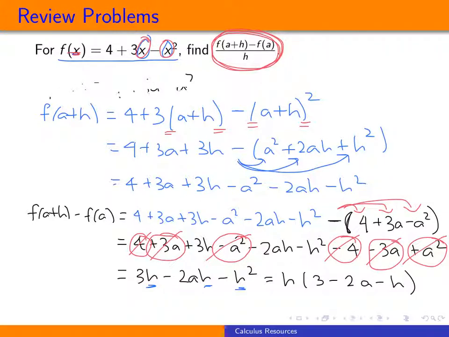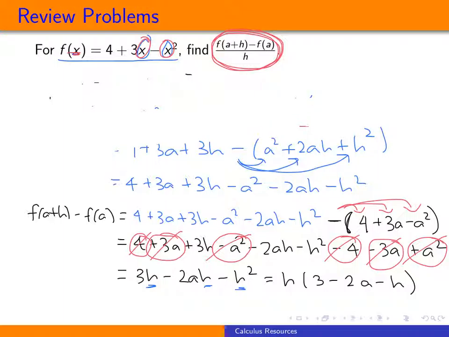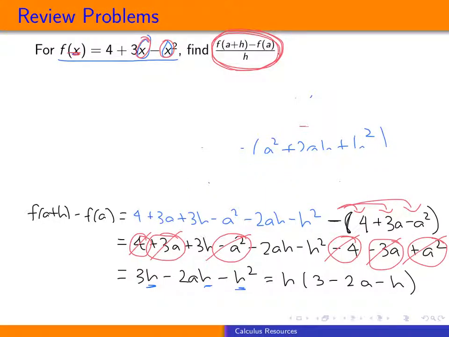And now what we want to do is go through, erase this above business so I can fit in what the difference quotient will be. So I want to take that numerator and I want to put it all over h. So let's get some space.